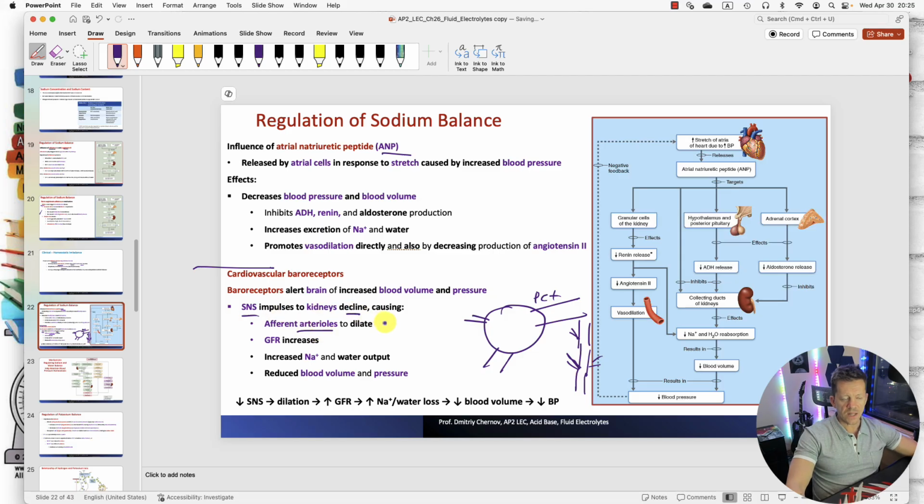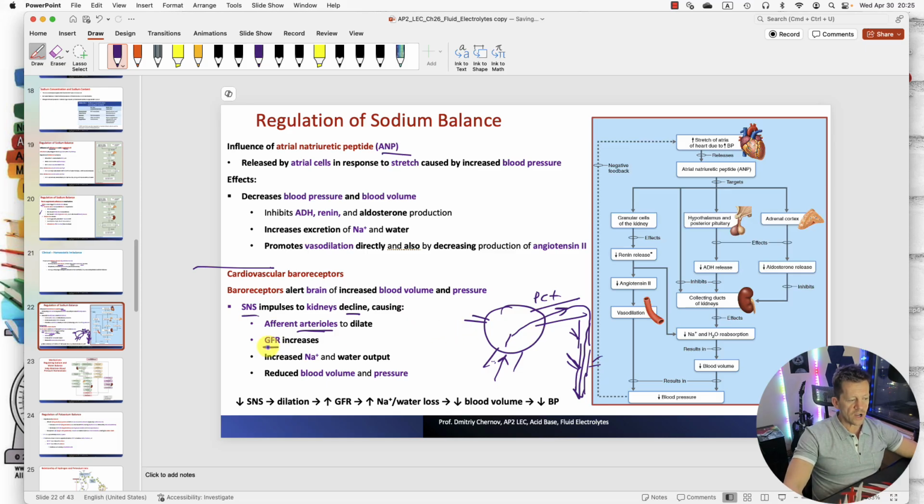Impulses to the kidney decline, and that leads to the arterioles dilating. So now they're more dilated. When they're more dilated, there's more blood flow within the glomerulus. If there's more blood flow, then that speeds up the movement of the sodium and the water, and eventually that leads to release of the water and the sodium from the renal system.